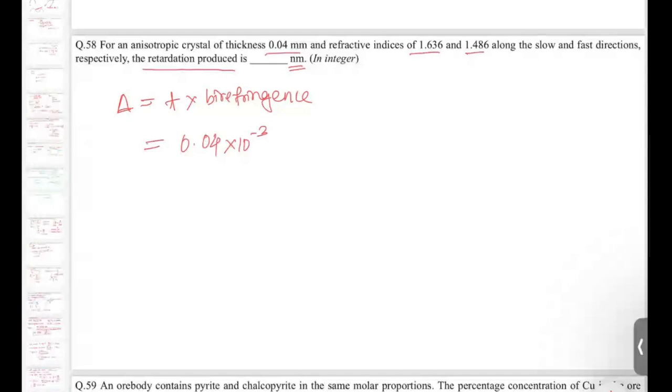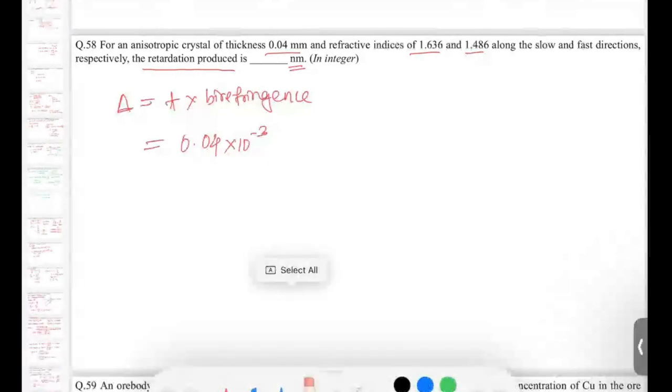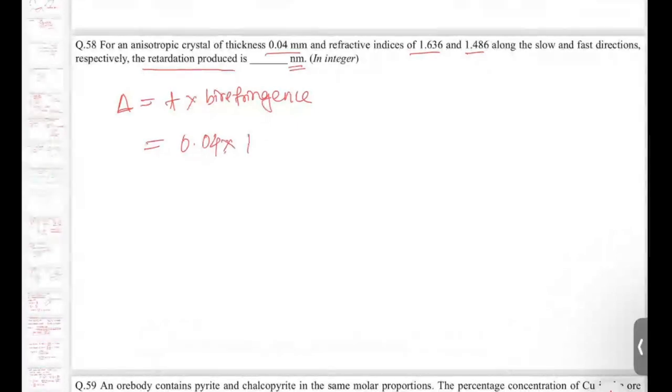So it should be like 0.04, and this is in the form of 10 to the power minus 3. Okay, so it's better if you don't convert. Just simply write, then at the end you can do it. So again it should be equal to 1.636 minus 1.486, the difference between these 2 refractive indices. So it should be equal to 0.04 into your 0.15.